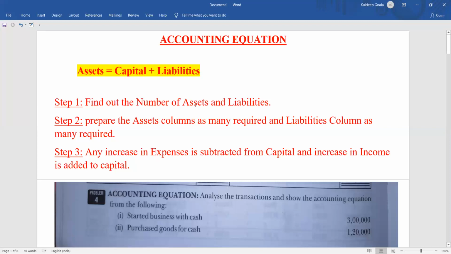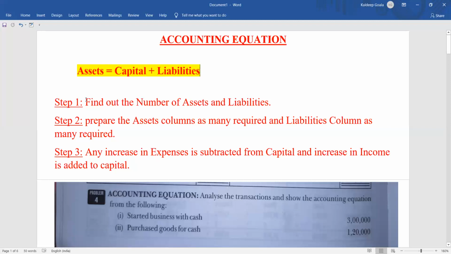Okay, how many assets are there, how many liabilities are there, because on the basis of that you have to make the columns. One side we have the assets, the other side we have capital plus liability. Liability will have as many columns as there are liabilities, assets will have as many columns as there are assets, and capital can have only one column.